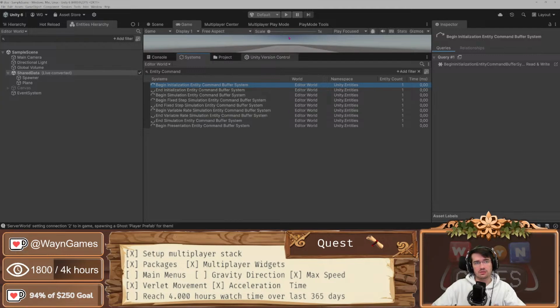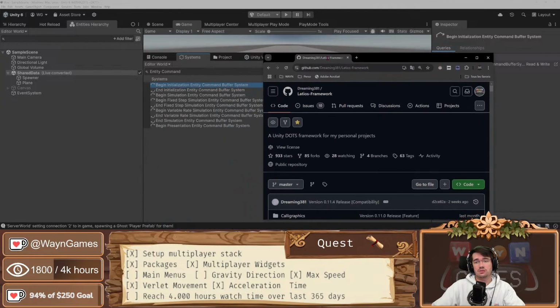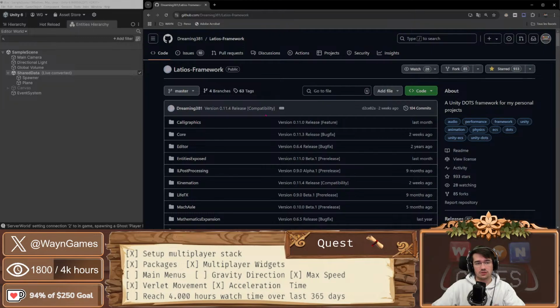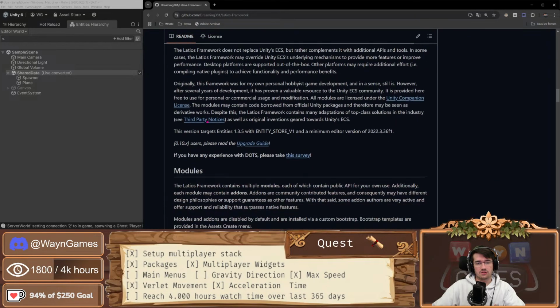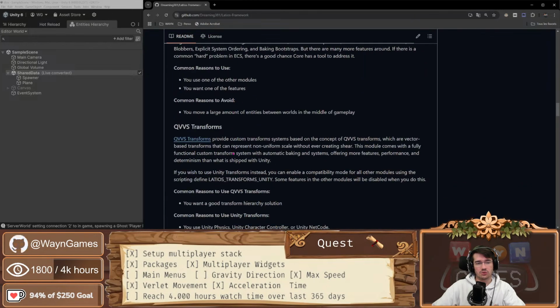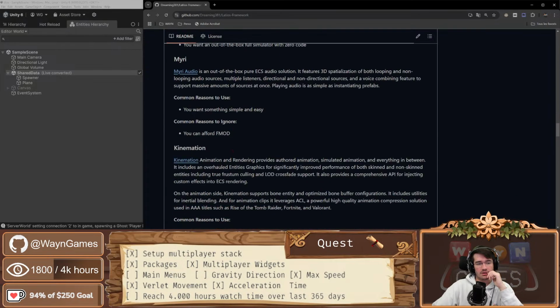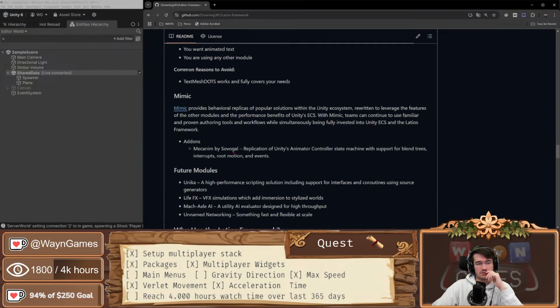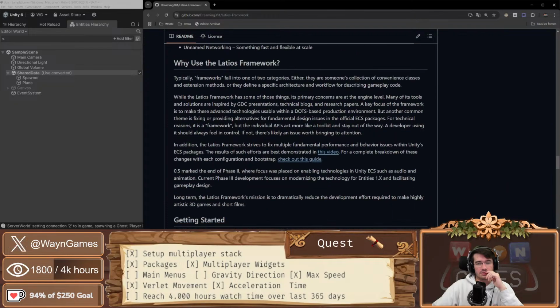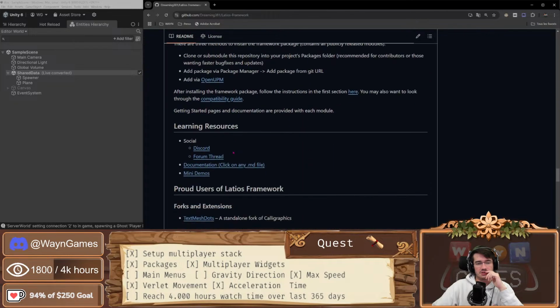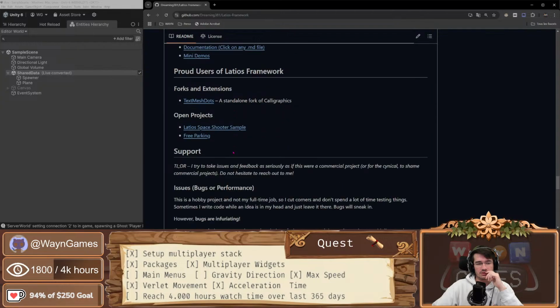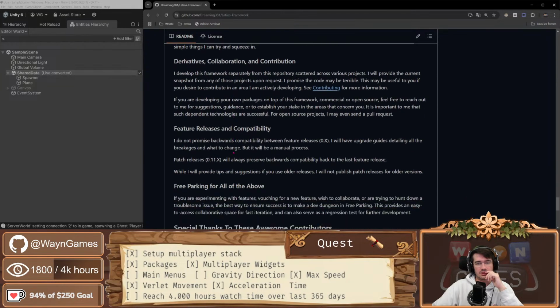I think that Dreaming Latios, if you look at the Latios framework, so this package, I think there is something in here about the command. He's not using the built-in one, but he has something to do it himself.